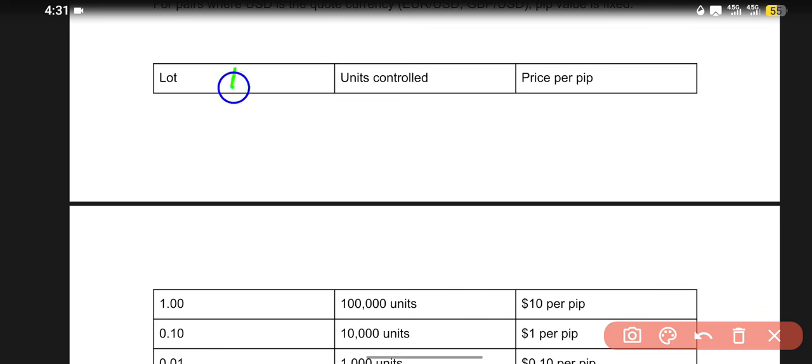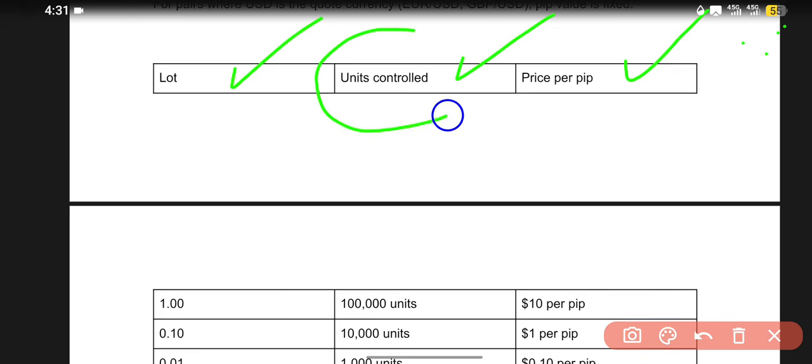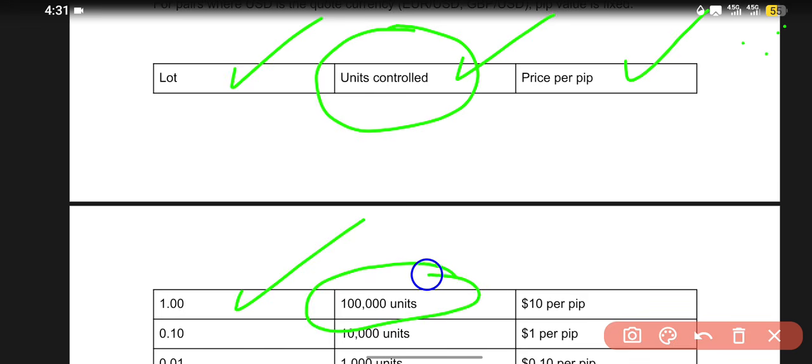On this table, we have the lot size, the units controlled, and the price per pip. The units controlled means that if you buy one lot of EUR/USD, then you are buying 10,000 euros at that particular price.